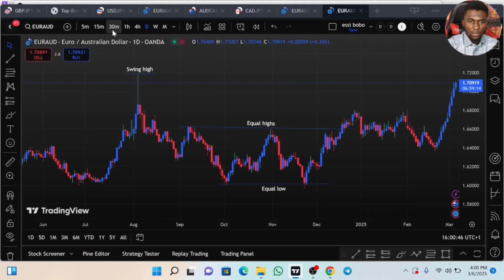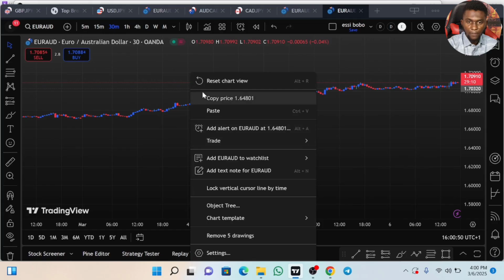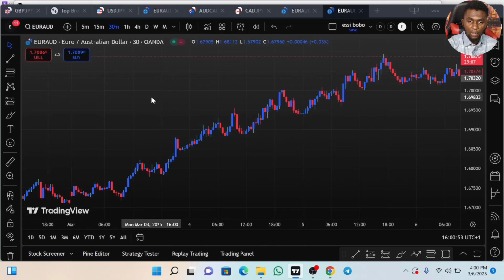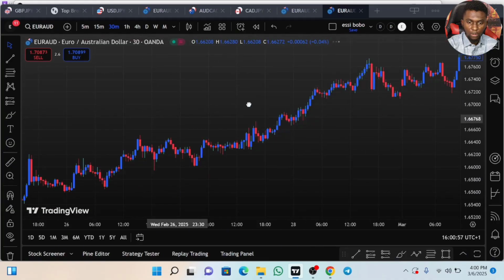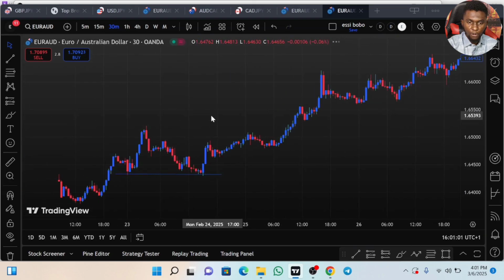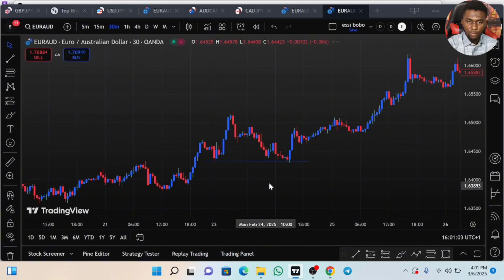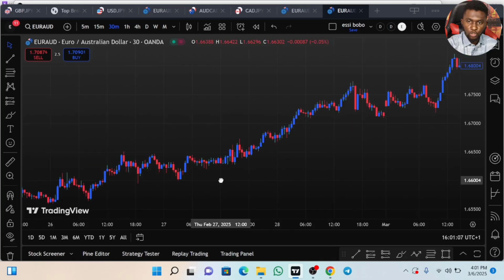All right, let me go to the lower time frame and show you an example of internal liquidity. I can also show you that on the higher time frame, but let me just use the 30 minutes time frame. Look at this, for example. If you notice, you will notice that this is a bullish trend.